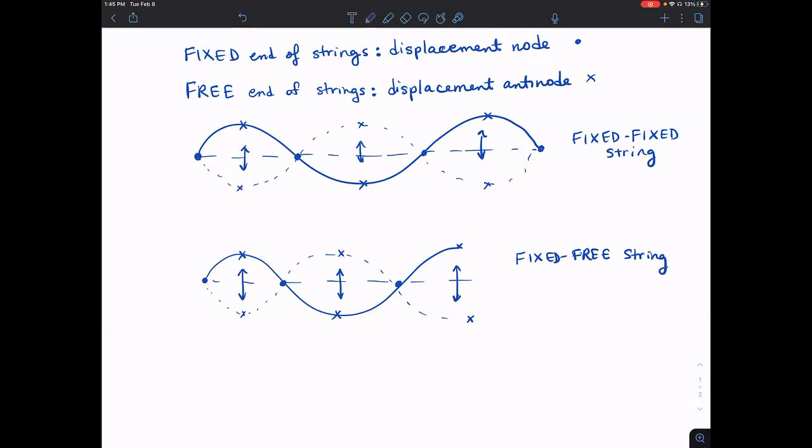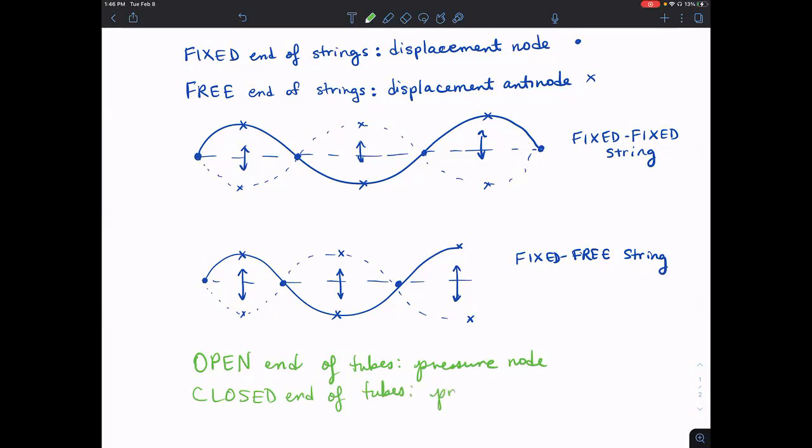Now, the thing that's interesting is that open ends of tubes have a pressure node, and closed ends of tubes have a pressure antinode.